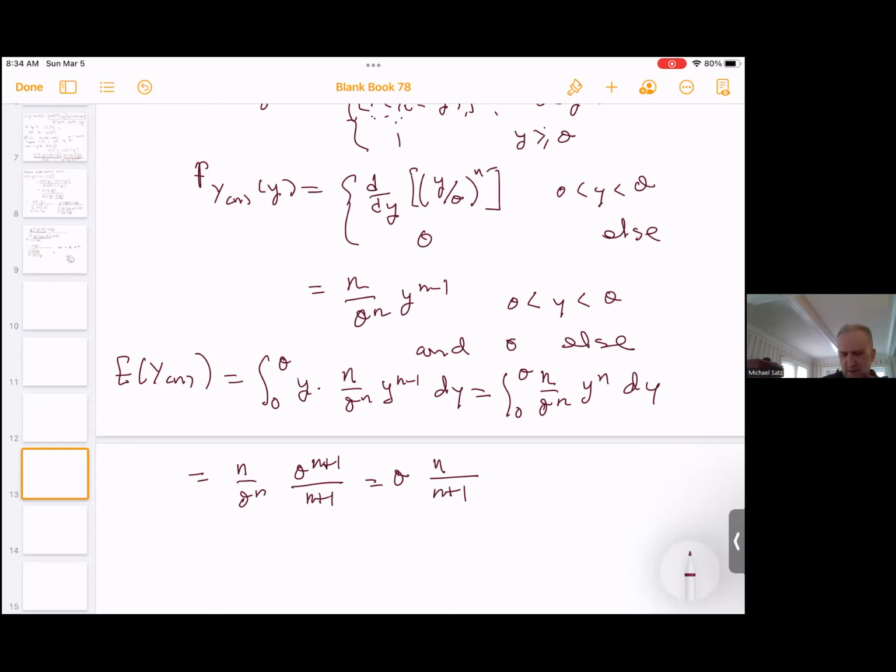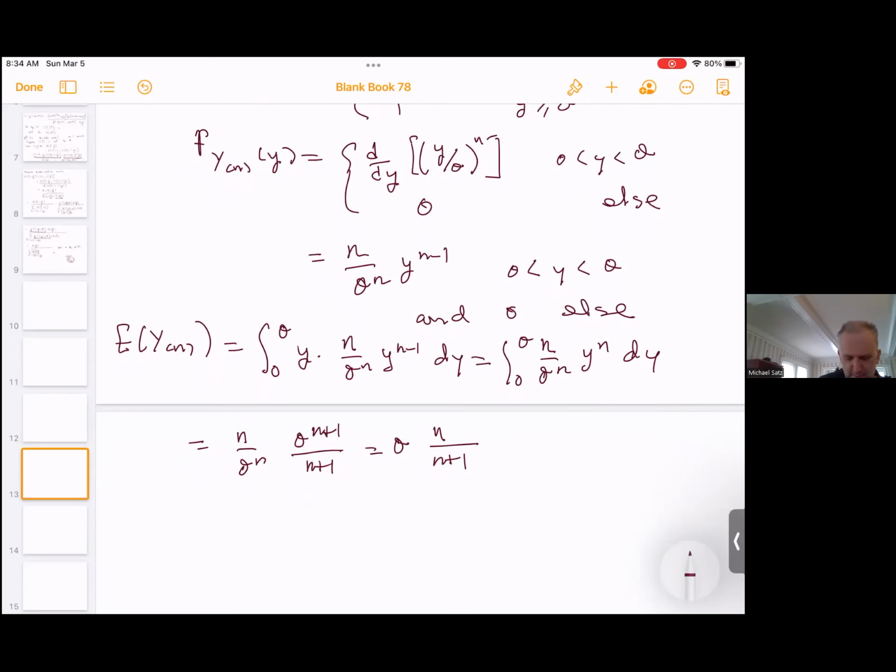So it's almost unbiased. If n is big, it's very close to being unbiased. But to make it officially unbiased, we see there's a nice one-to-one function. We just multiply it by n plus 1 over n. So I notice this is a function of the sufficient statistic, and so it is the minimum variance unbiased estimator for theta.